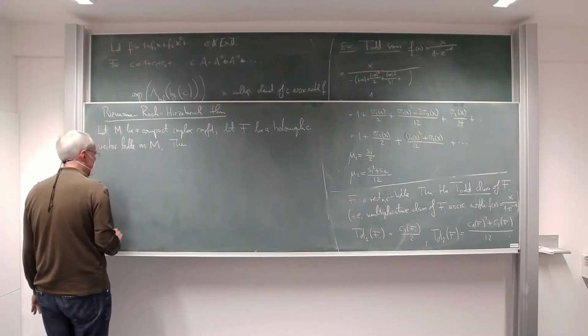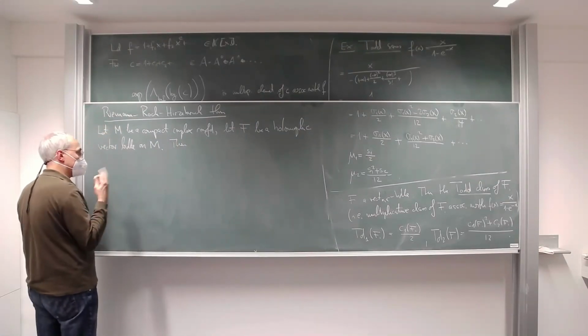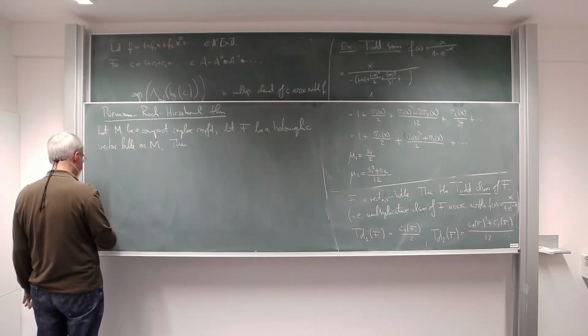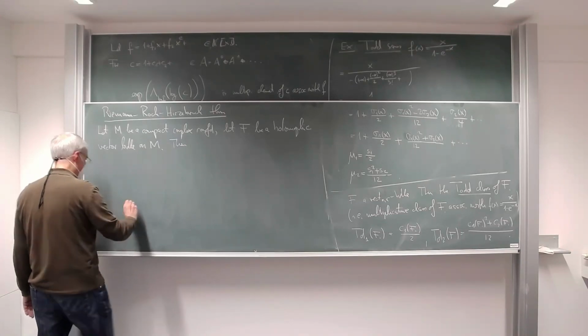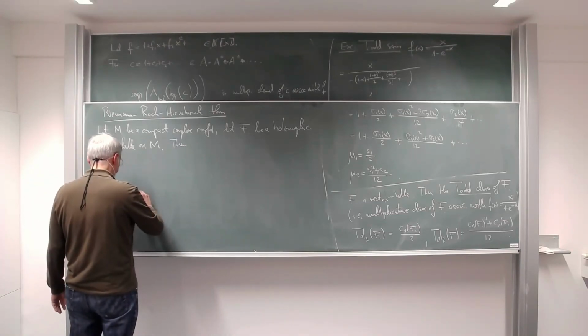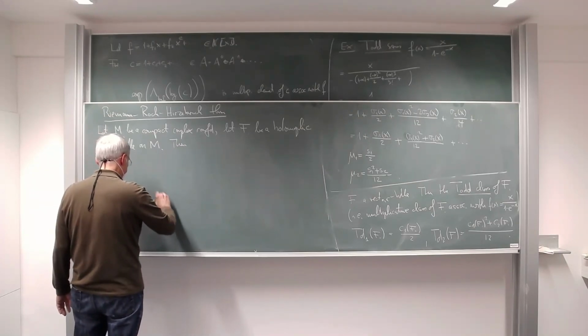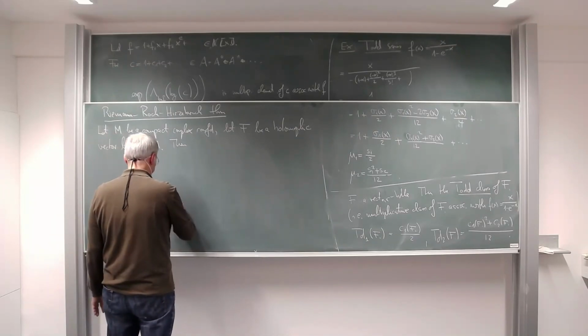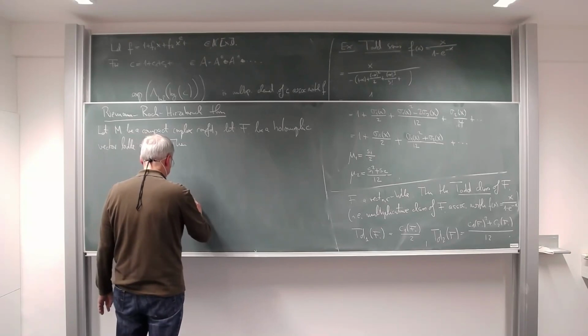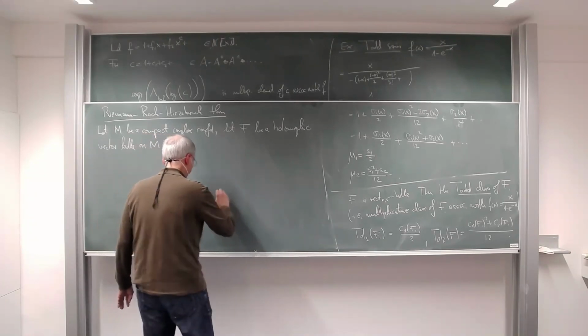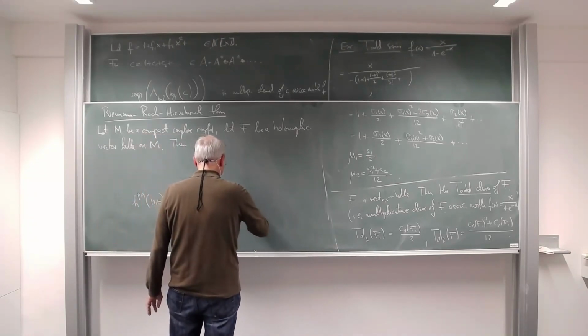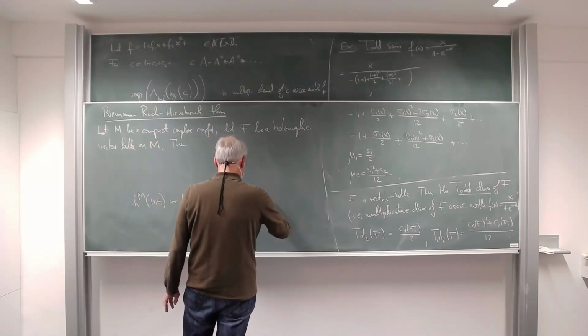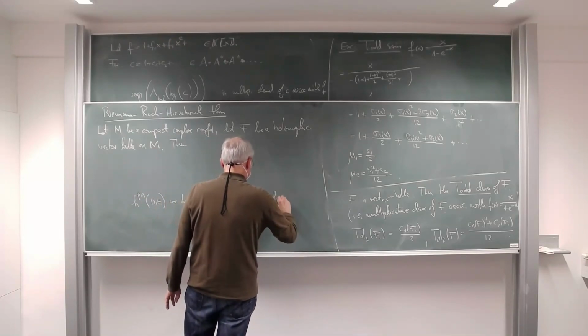to this you can associate a so-called cohomology theory, which comes in pi degrees. So H^{p,q}(M, F). They are defined by Dolbeault cohomology.